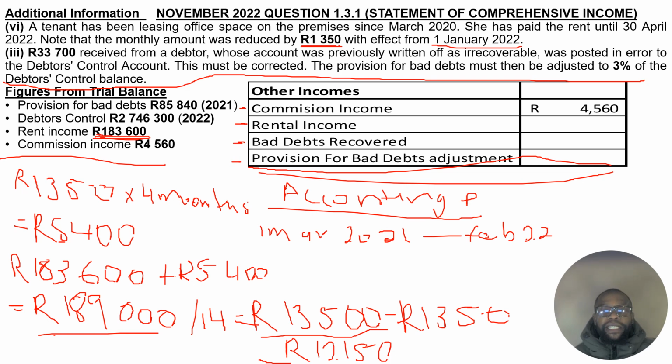No, it's already taken into account. Even the decrease for March and April was already taken into account in that 183,600. So now we're just going to deduct the amount for March and April only, because it does not form part of this accounting period. That's what we are going to do.